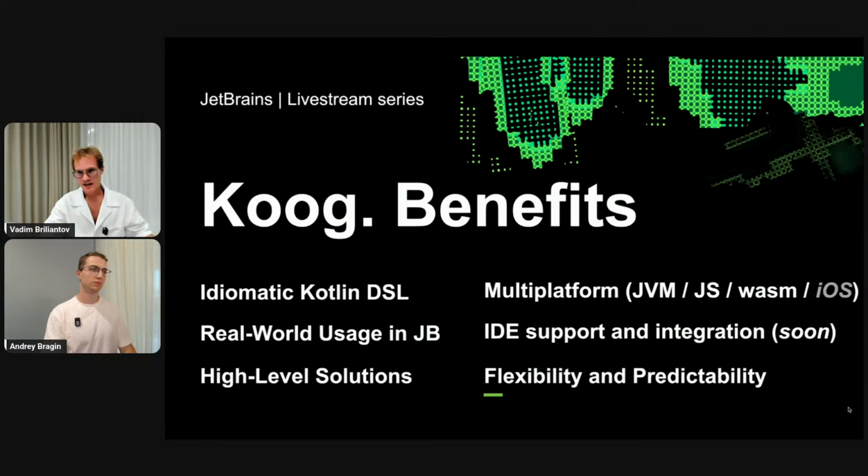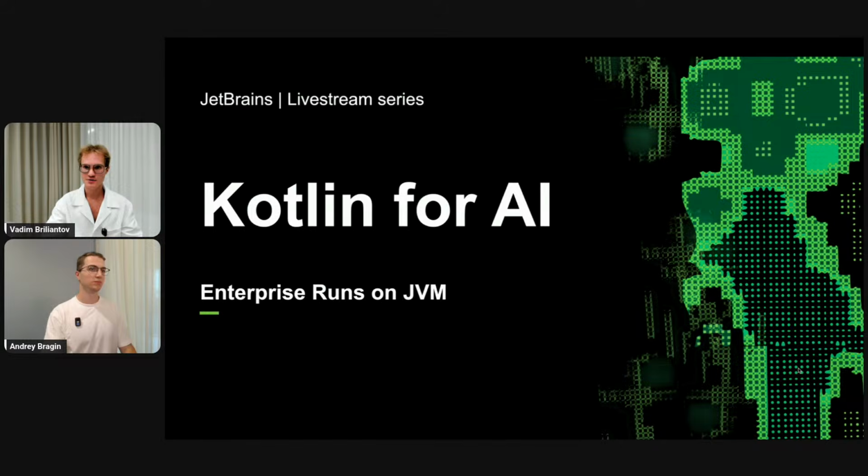And that's part of the Koog benefits, but there is also a huge part that is basically gifted to Koog by Kotlin as a language. The first one is the access to the enterprise.